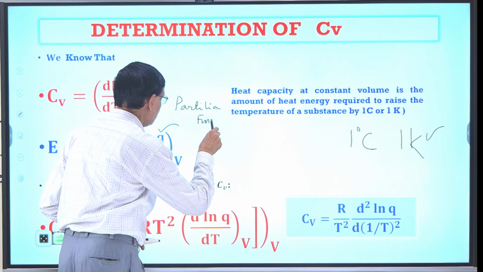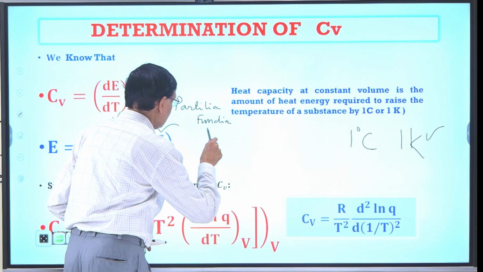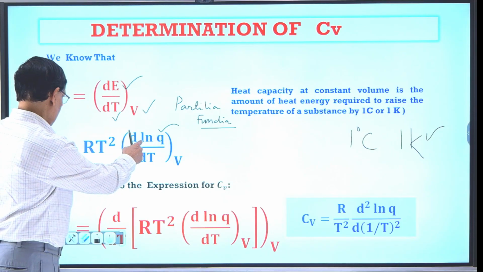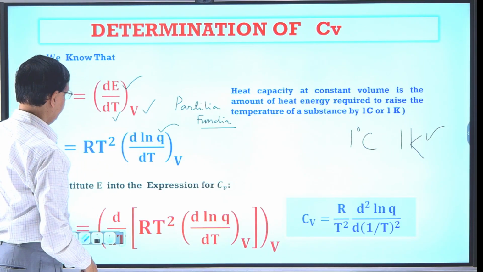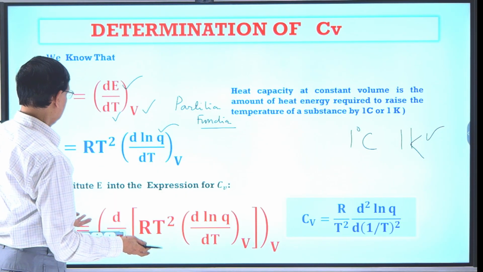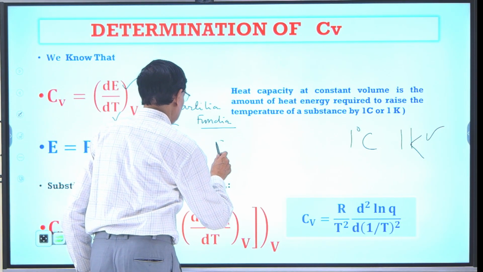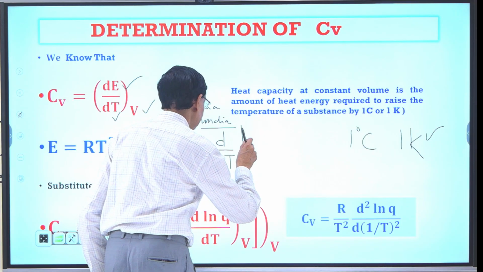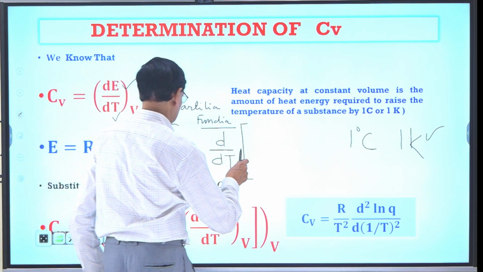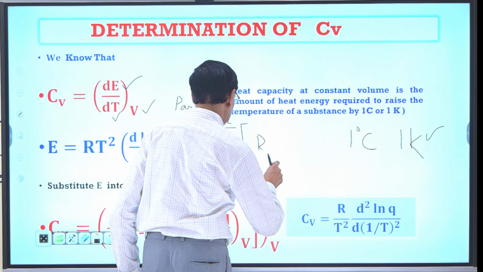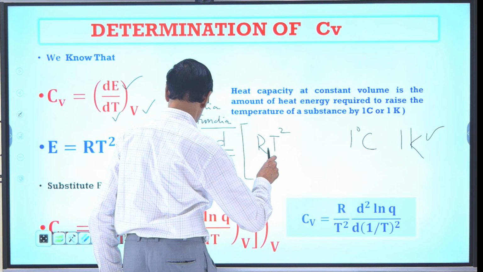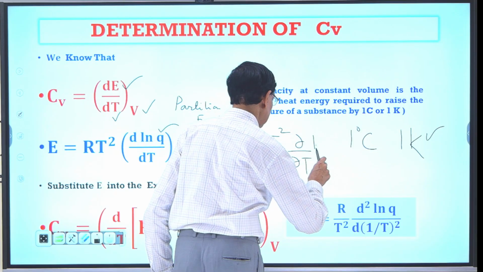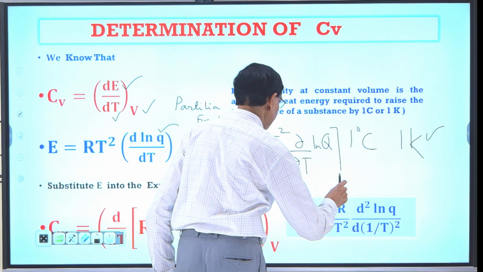So what I have to do is substitute the value of E and differentiate it. So d by dT of R T square d by dT of natural log of Q. R is a constant, so I take it outside. It is a product rule, you know.